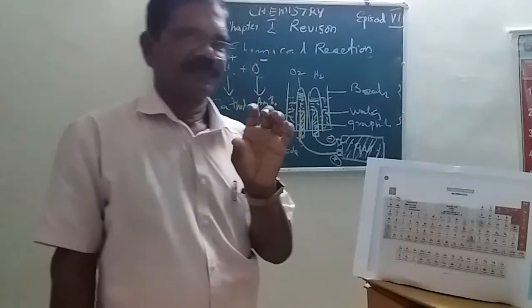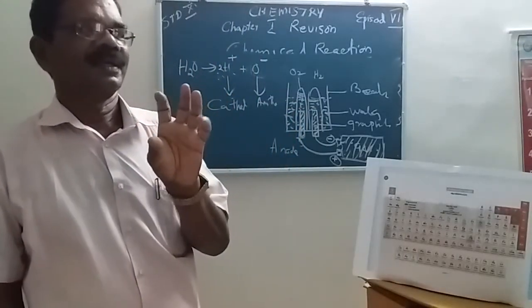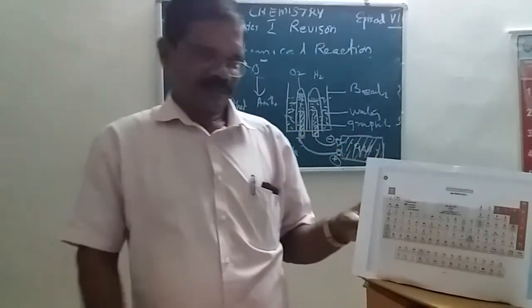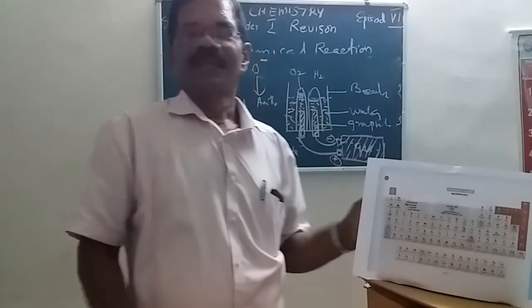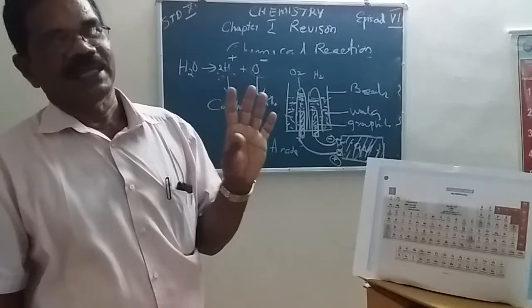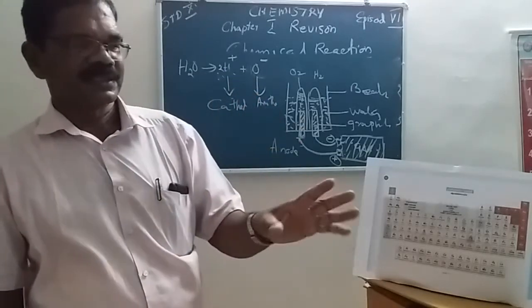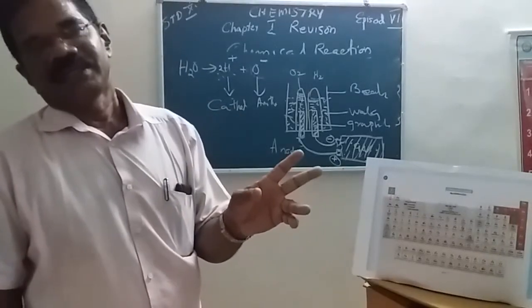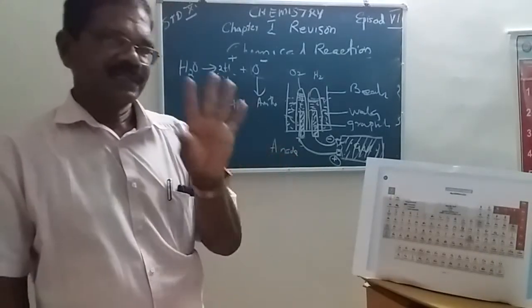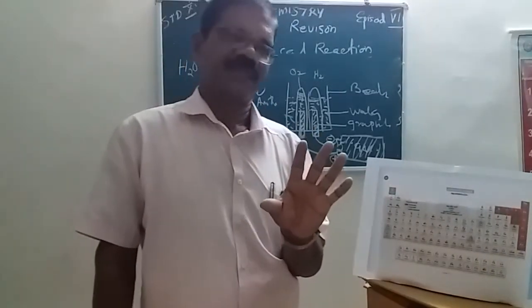So today itself, make such a periodic table and place it on your study table. Every time you are studying, the elements, positions, symbols, atomic numbers and mass numbers are necessary, especially when you are studying chemistry.